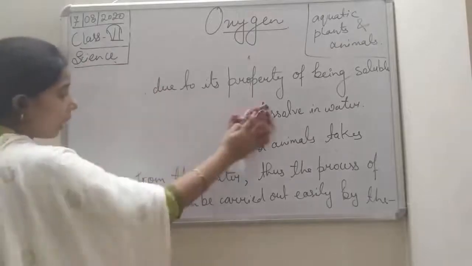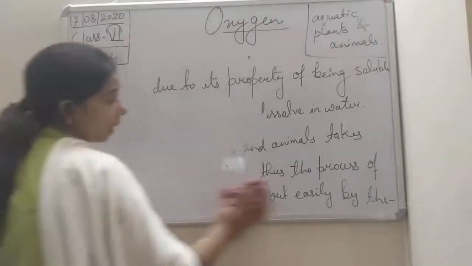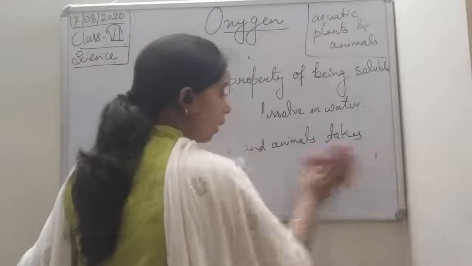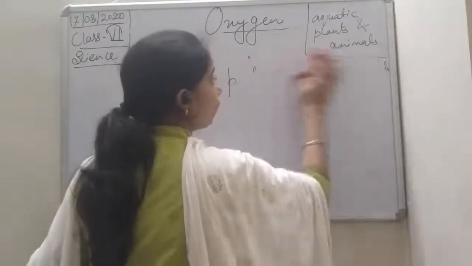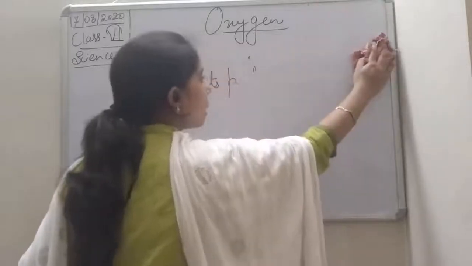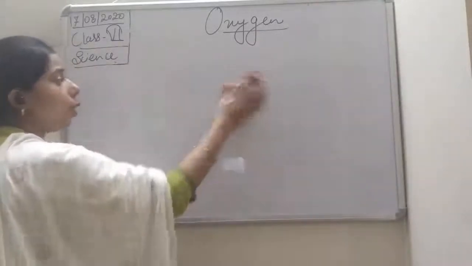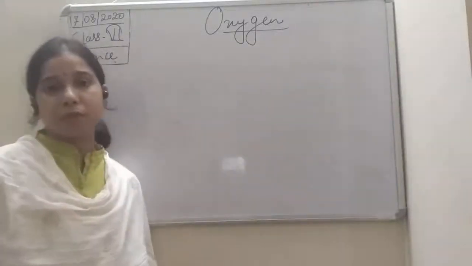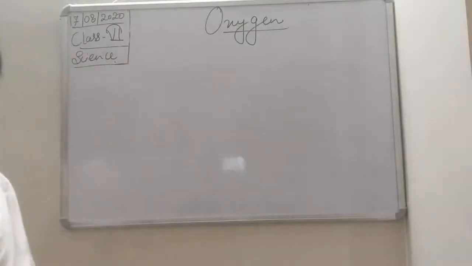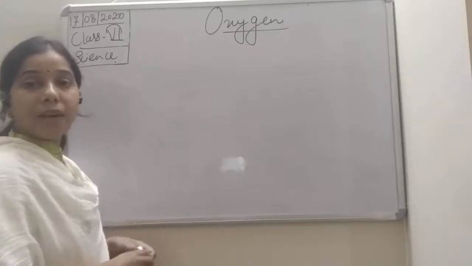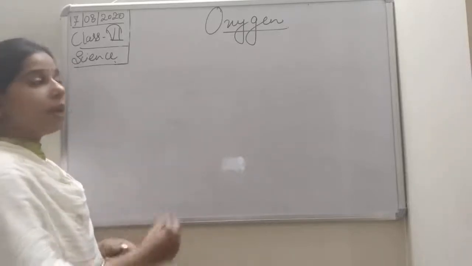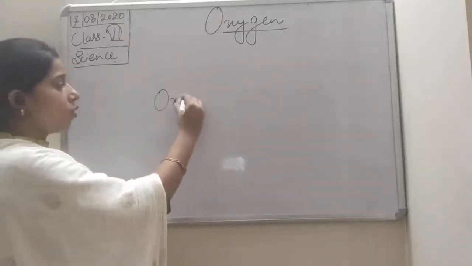Now we will see that sometimes, although the amount of oxygen present in the atmosphere is one fifth, in some cases the need for oxygen is much more than expected. In such a case, more oxygen is needed, and to get more oxygen, people use the oxygen cylinder.